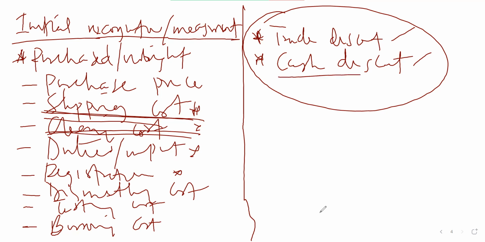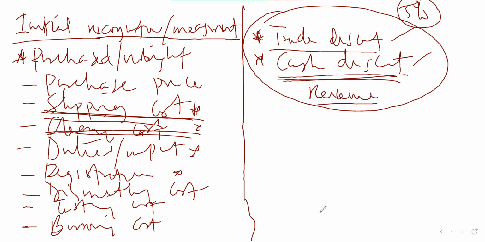The cash discount can be given maybe more than 3 times in a year. But a trade discount, as soon as it's there, the company cannot change it. If it is 5%, it is for everybody. So the cash discount is just like a revenue item.